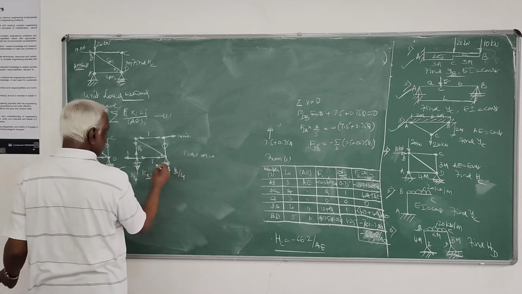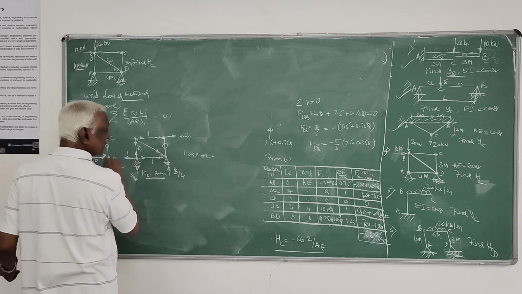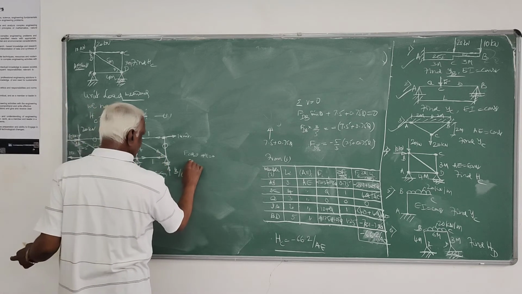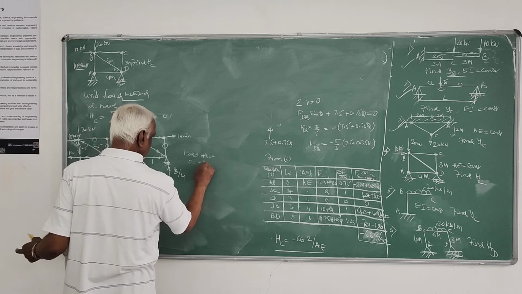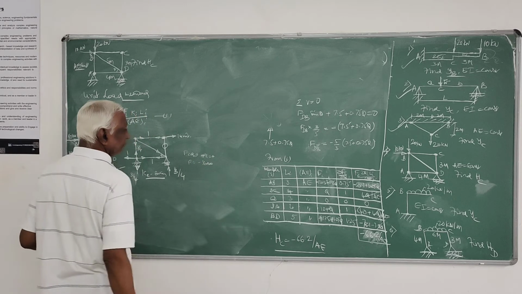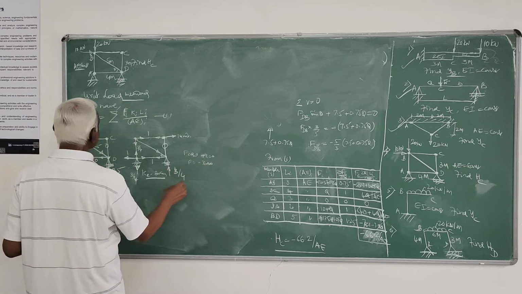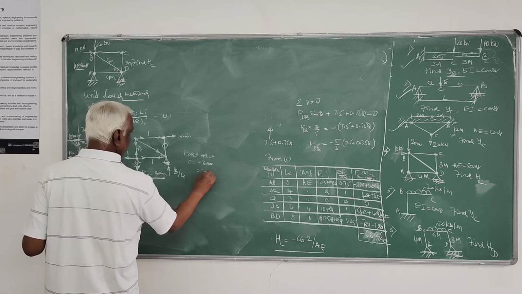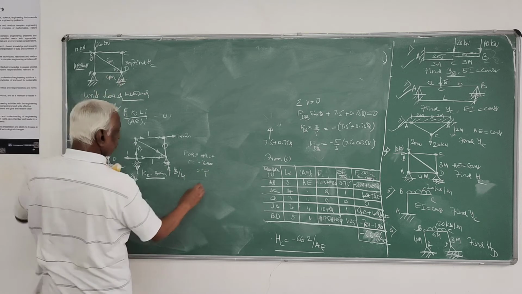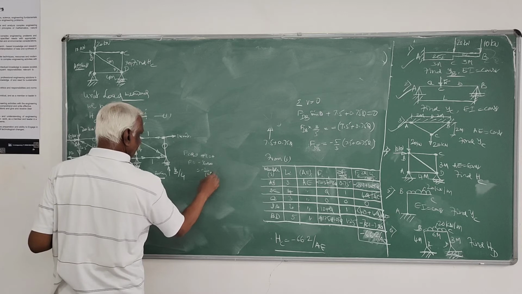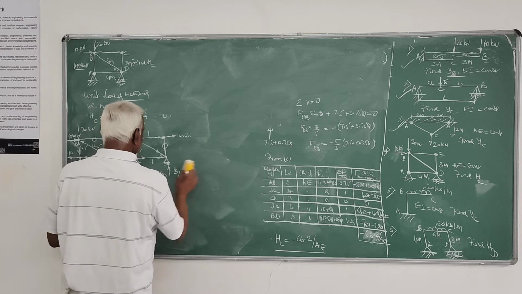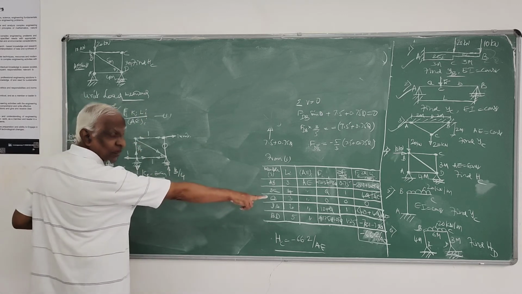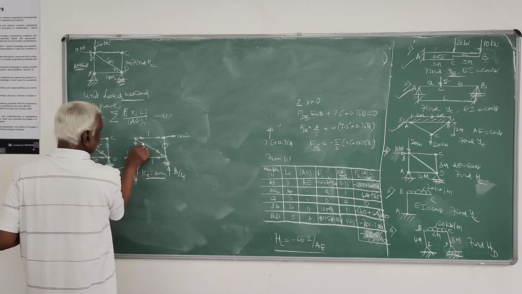Then F is equal to minus 1 by cos theta. Because 1 by cos theta is 5 by 4, it is minus 5 by 4, that is minus 1.25.